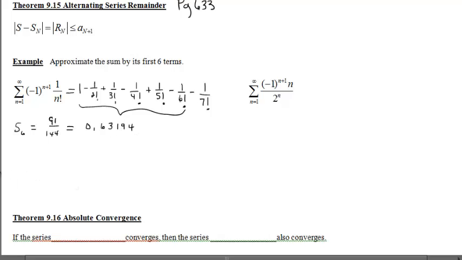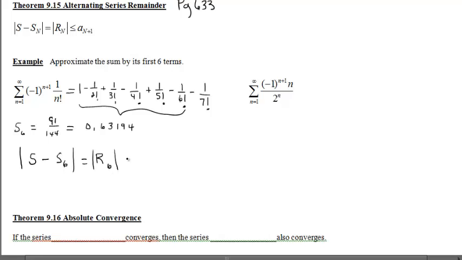What this alternating series remainder theorem tells us is that the sum of the series is S. I don't know what it is, but it's going to be close to this, especially if I just keep alternating signs of smaller and smaller numbers. It's not going to grow by much. The sum minus S sub 6, this value right here, is equal to what we call the remainder, using the 6th term.